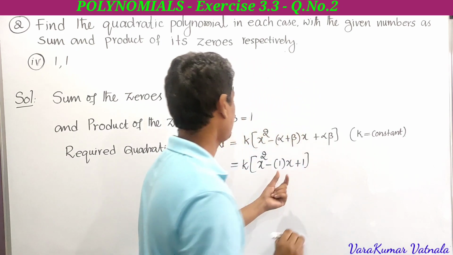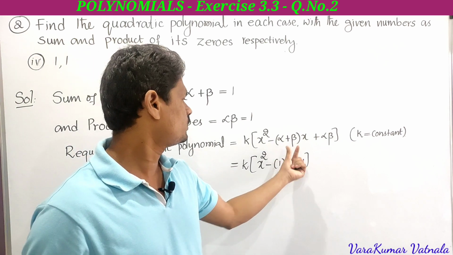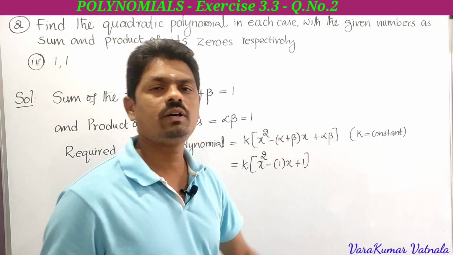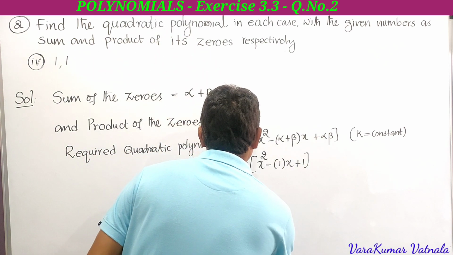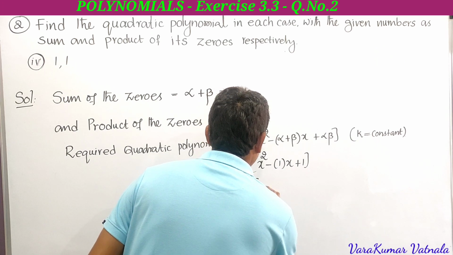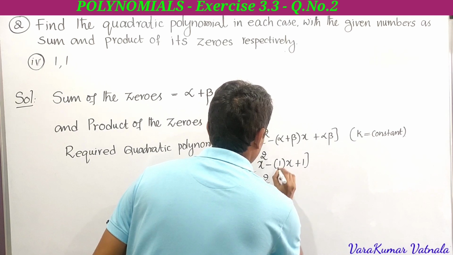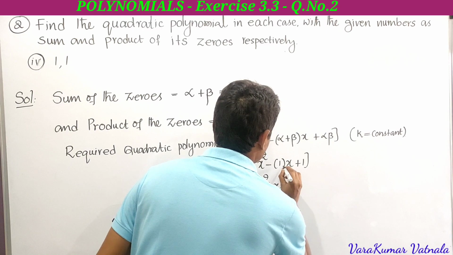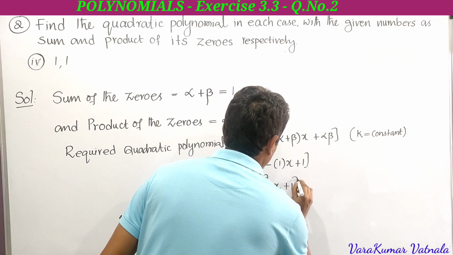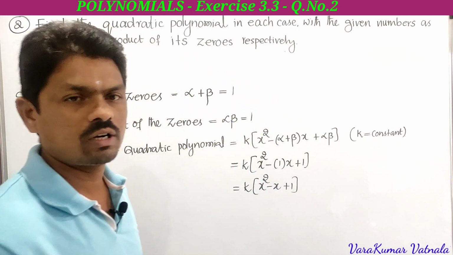So I have substituted alpha plus beta is 1, alpha into beta is also 1. So we get k into x square minus 1 into x is x, plus 1. So this is the required quadratic polynomial.